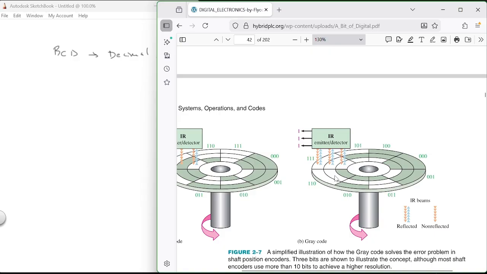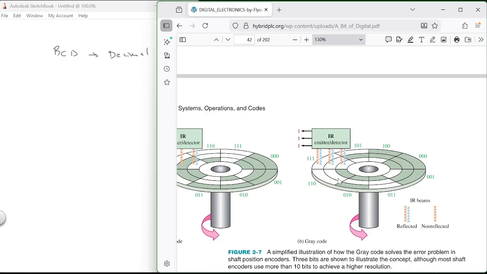So you only change 1 bit at a time with gray code. Gray code is almost the same as counting in binary, but it's not, because when you're moving from one number to the next, you're only changing 1 bit. So if you're reading an error, you're only off by 1 number.